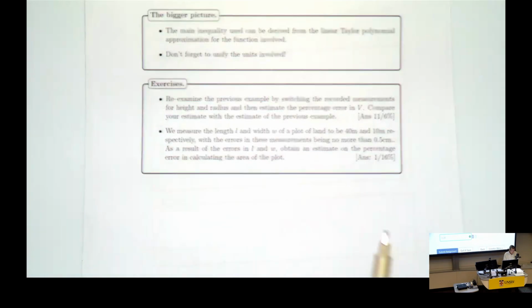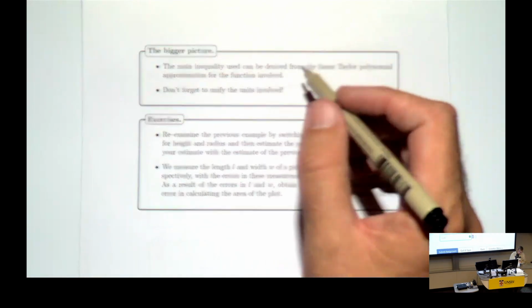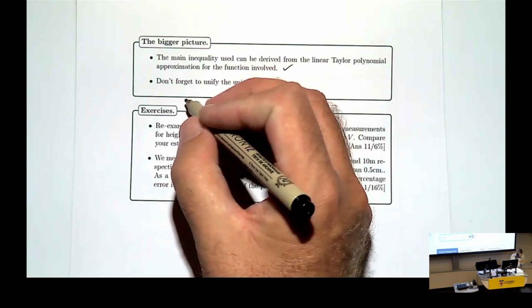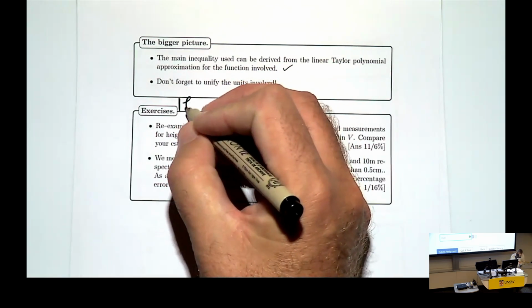So the main inequality that we used can be derived from the Taylor polynomial or the linear approximation, whatever you want to call it. Unifying the units is important. That's another mistake a lot of students make. So you want to have all centimetres or all metres or all millimetres or whatever. You want to be on the same page. Okay? And so the inequality is something like this.